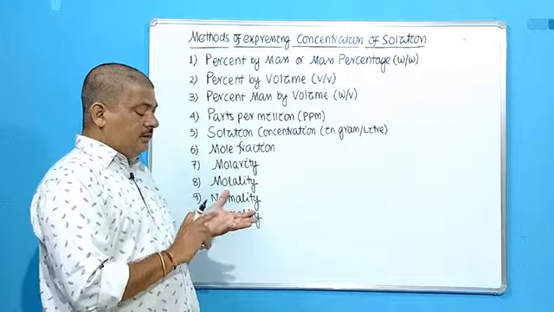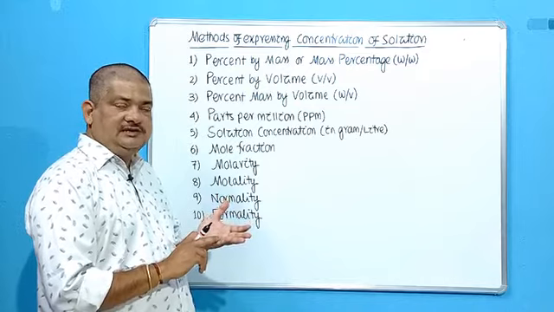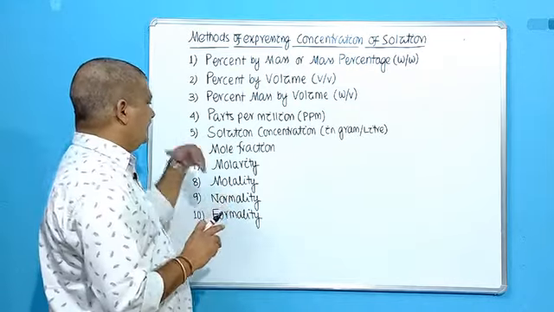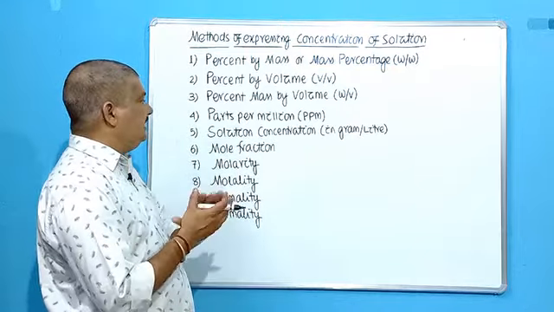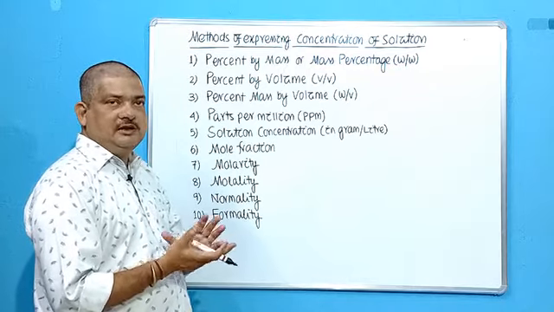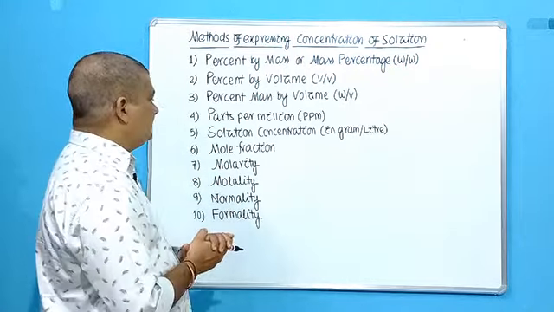Then there are other ways, parts per million. You know million means 10 power 6, so the number of parts present per million parts is called parts per million. We will be discussing these in detail.